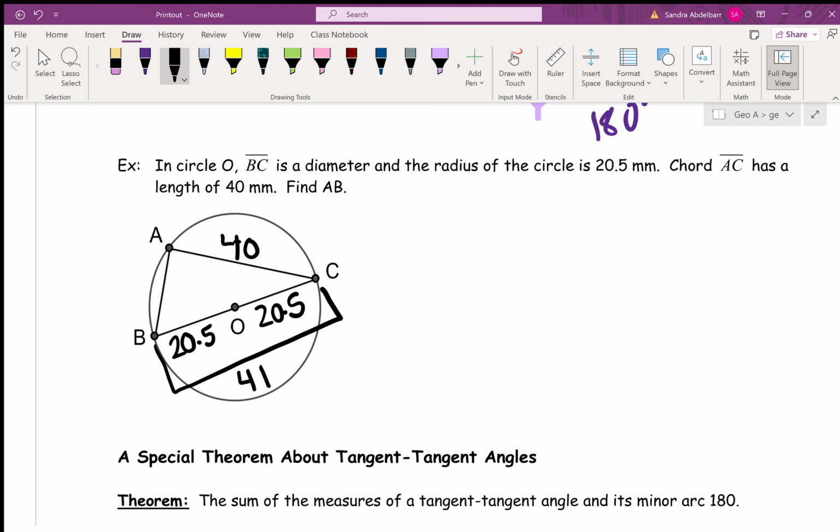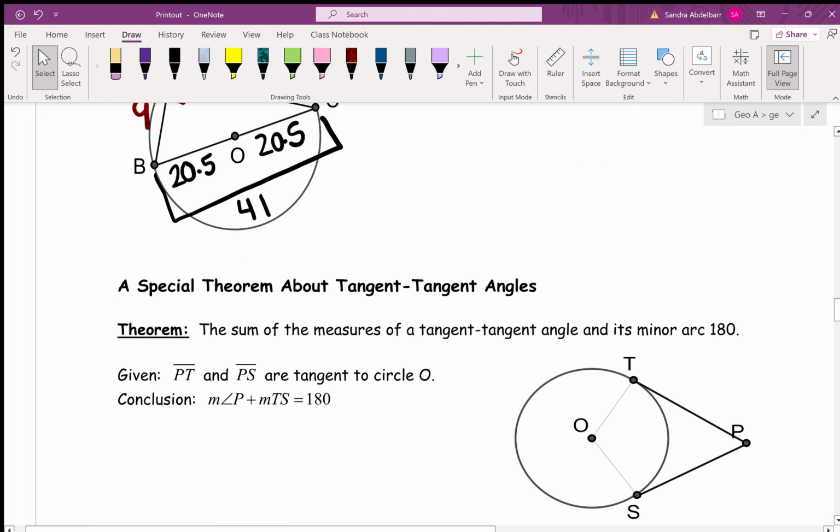Do you see angle BAC? Angle A, isn't that an inscribed angle? And what is that inscribed angle intercepting? The diameter. What does that mean for that angle A? Right angle. It's going to be a right angle. This is now a triple, something, 40, 41. 9.